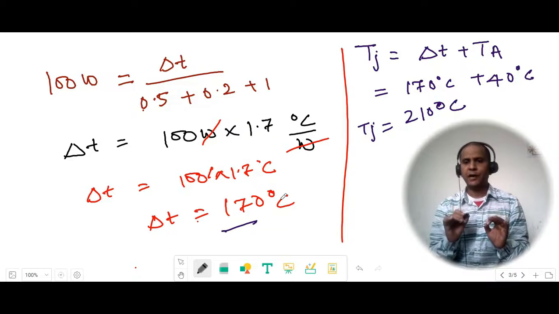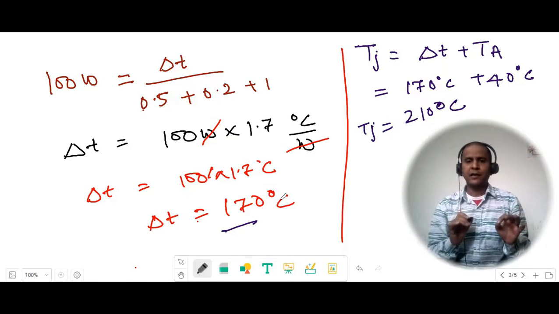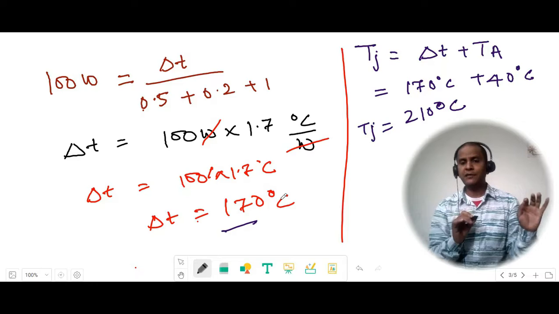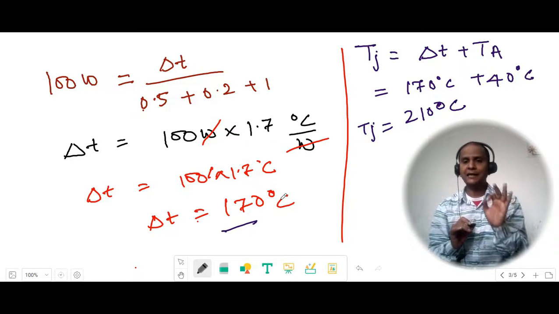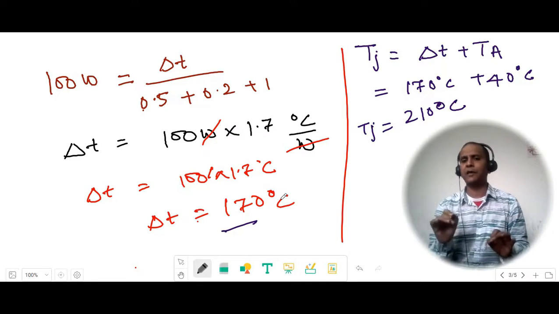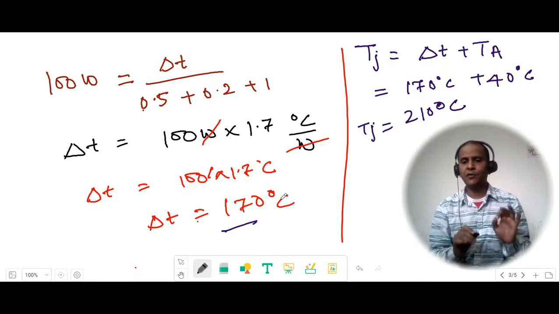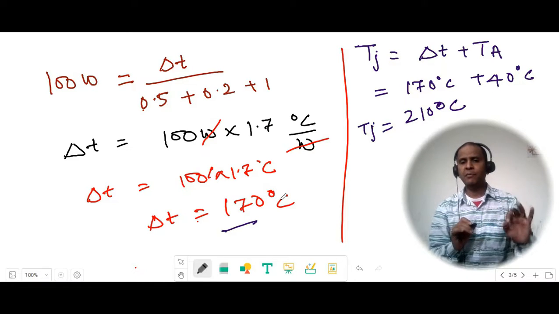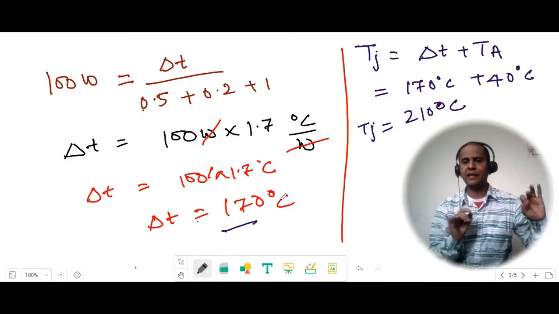Now you have to select the MOSFET which will withstand this junction temperature. The maximum junction temperature of a MOSFET is around 150 degrees. In the datasheet you will find MOSFETs rated for 150 degrees junction temperature, or sometimes for automotive grade, parts rated for 175 degrees centigrade.